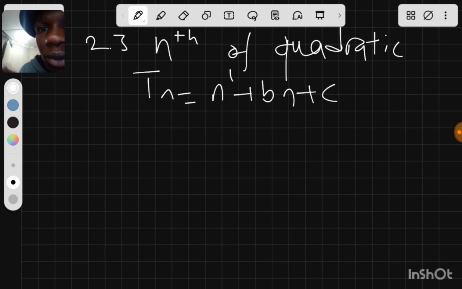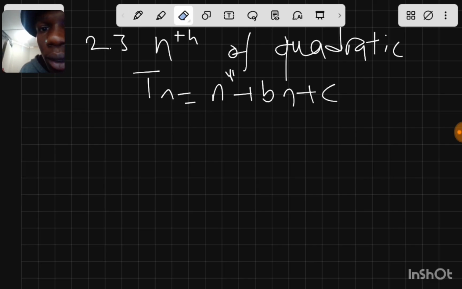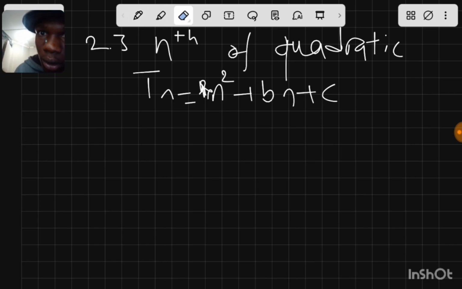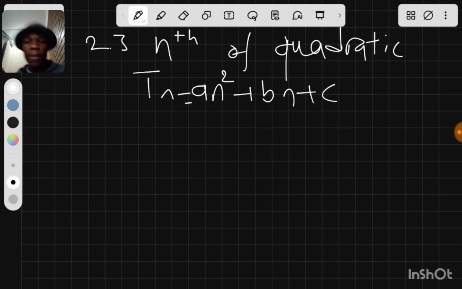Let me fix my square there. Sorry, it's a, it's a n squared. So we need to find a, b and c so that we can determine the Tn of the quadratic.